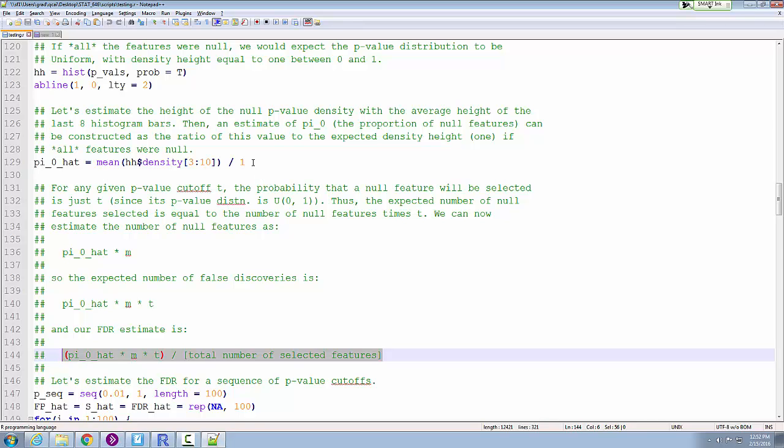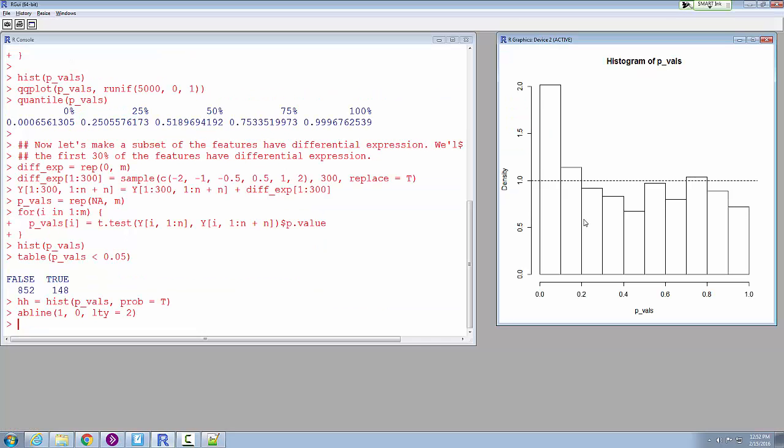One quick and dirty way to do that would be to just look at the heights of these bins, these rectangles, and average up the heights of the part of the picture where we think it's flat. So in this HH object, I assigned the output of hist to an object called HH.